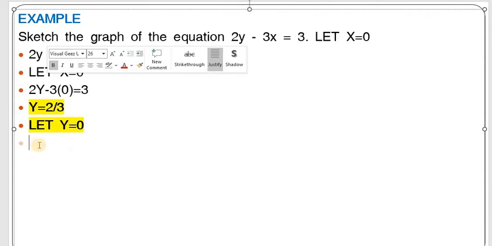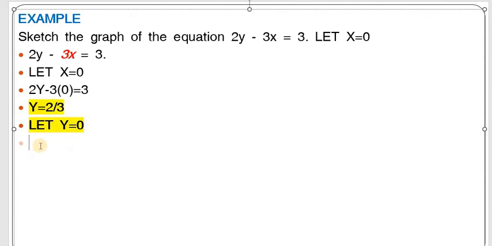So ለምሳሌ y አችን 0 ሆነ ማለት 2 times 0 minus 3x ይሆናል which is equal to 3.